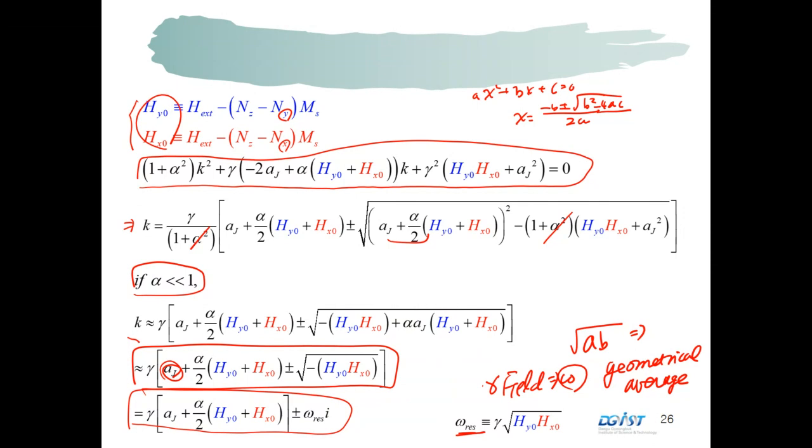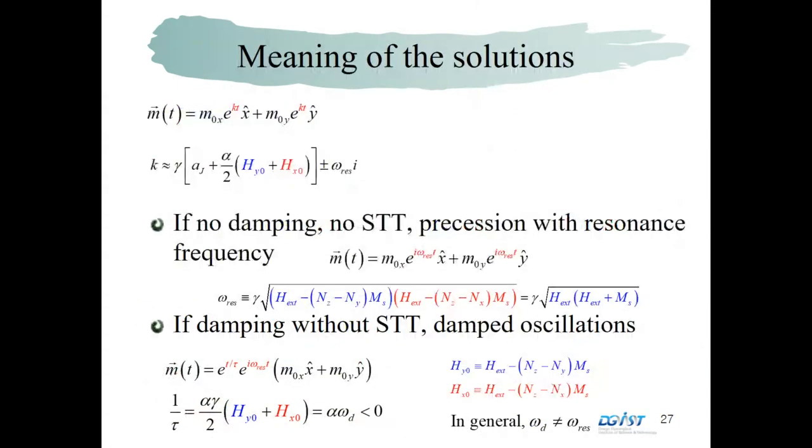And then let's write again. We assumed the time dependence of the magnetic moment. This is the trial solution of the form, and K vector is here. Okay. Let's assume if there is no STT and no damping, this term will disappear.